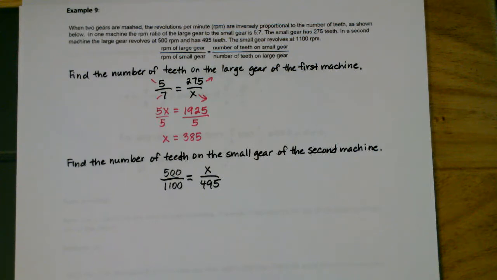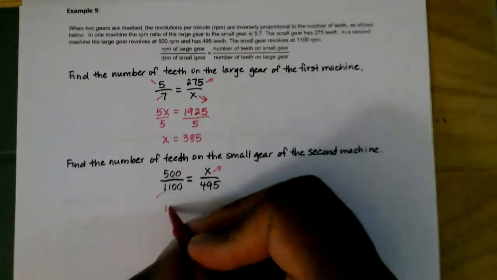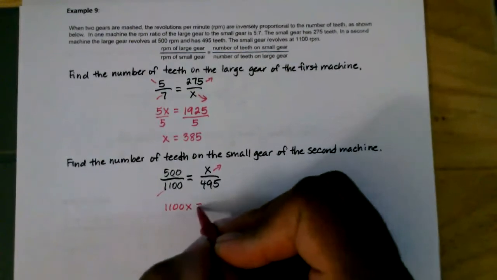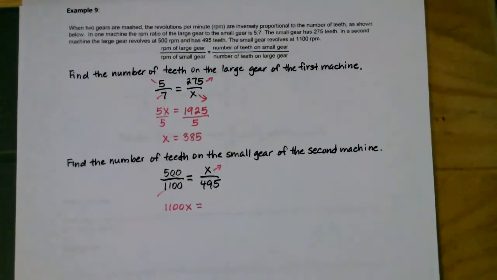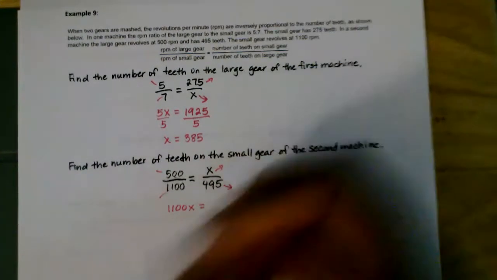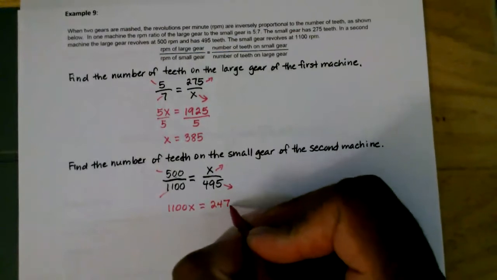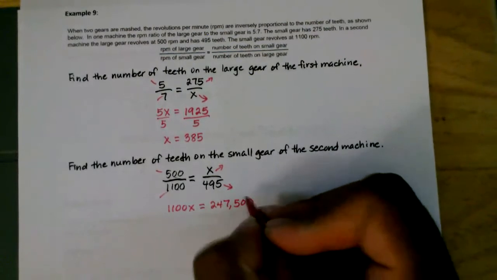So now I'm ready to solve this proportion. Let's do 1100 times x. That's 1100x equaling 500 times 495, this cross product, which would be 247,500.